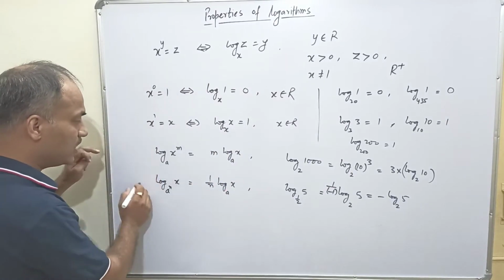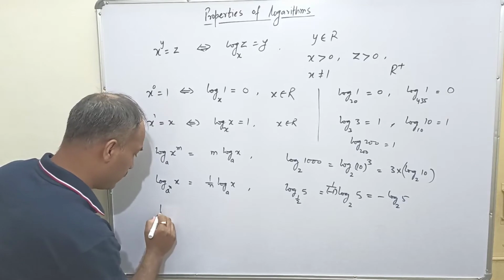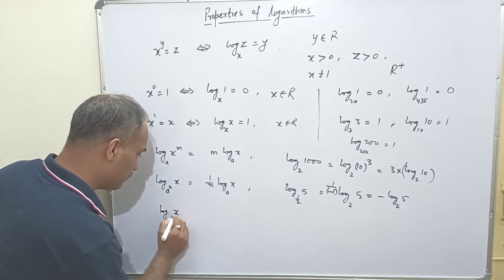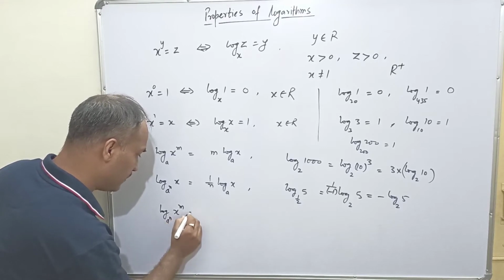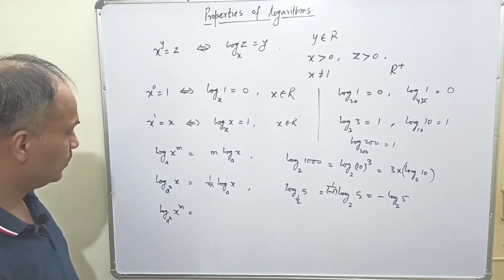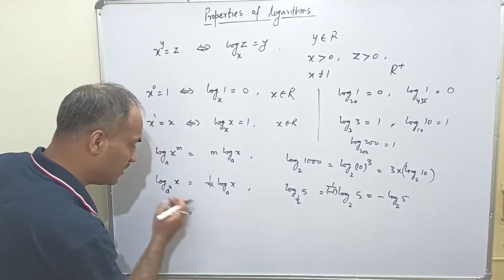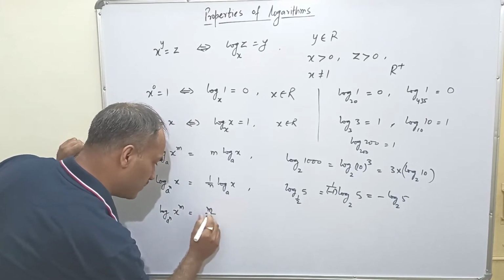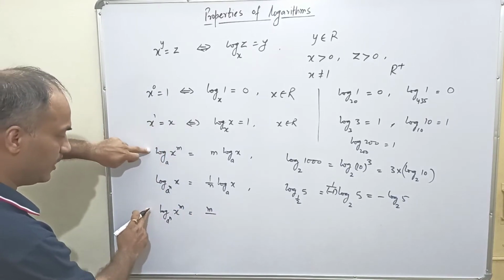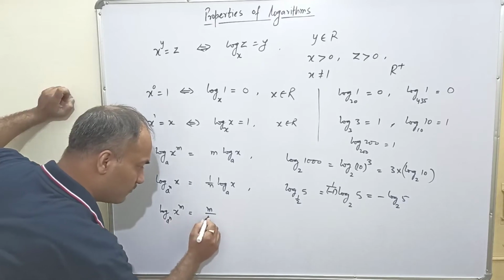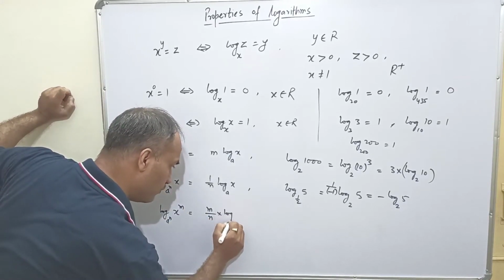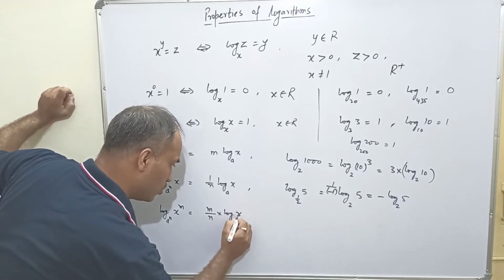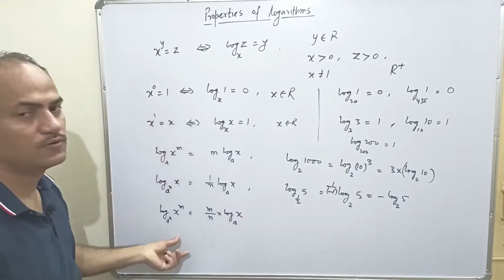Now if we combine these two, we get a general formula. If we have log of x to the power m where the base is a to the power n, then both exponents can be removed. This becomes m, and n becomes 1 upon n, and this whole value will be multiplied by log x to the base a.